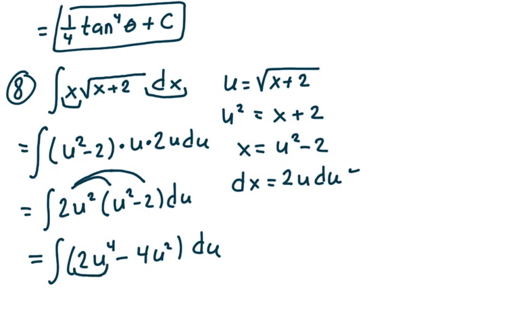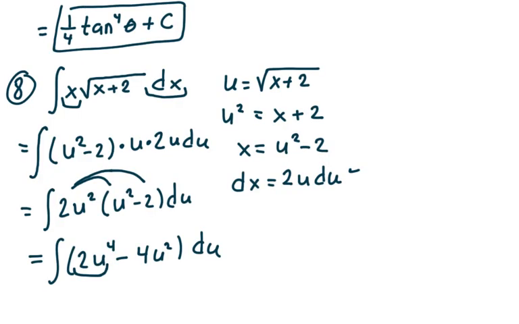So if we integrate the first term with respect to u, we get 2/5 u to the 5th minus, if we integrate the second term, we get 4/3 u cubed. And then we just add our trusty c. But remember u is square root of x plus 2. Okay?